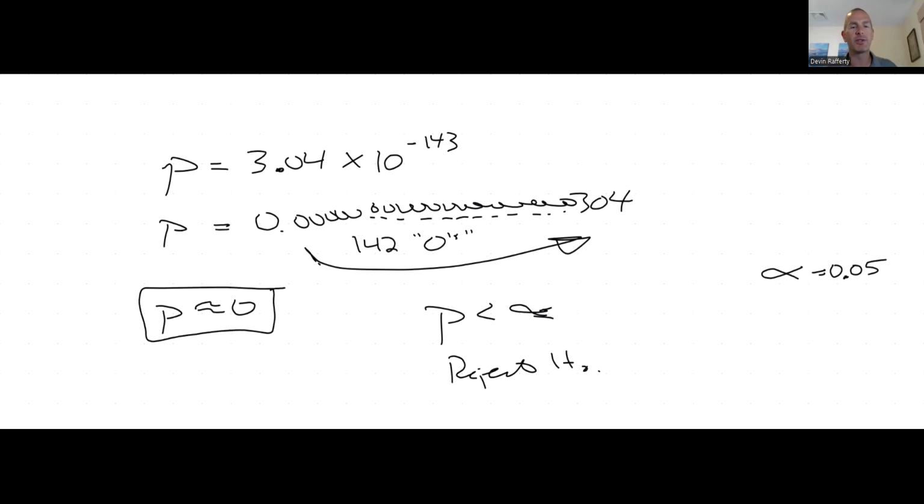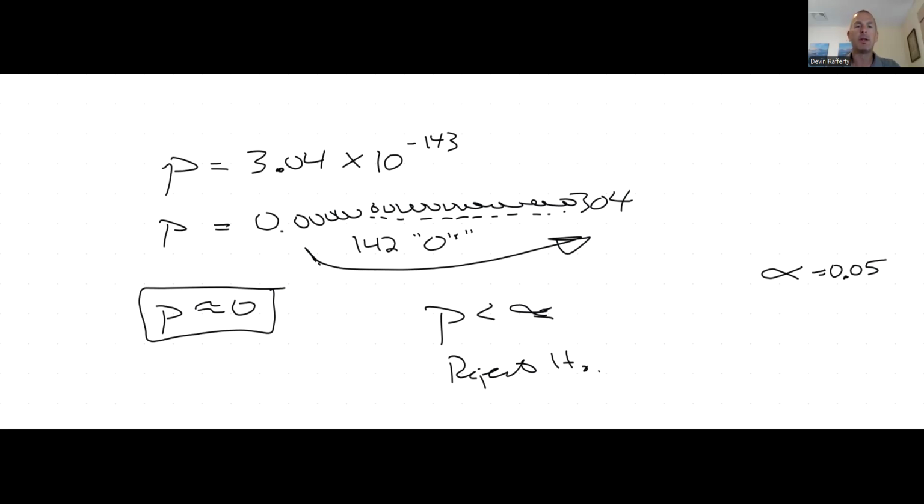It's 0.00000000304. So P is less than alpha, which means that I can reject the null hypothesis. Okay. I reject the null hypothesis, and I'm very, very confident about that. I'm very confident because the p-value is basically zero.